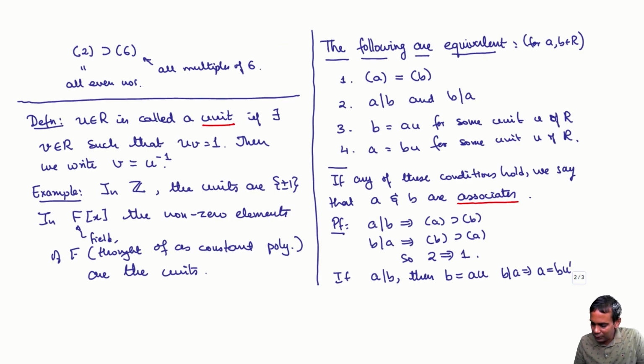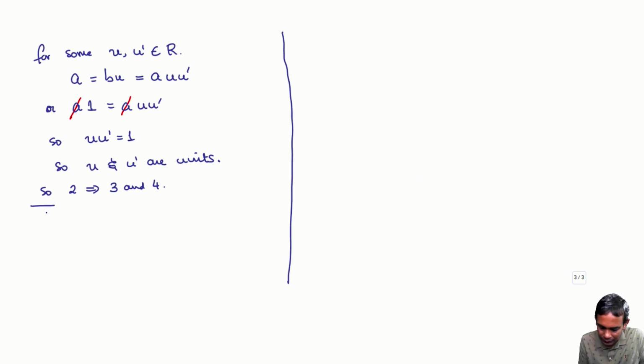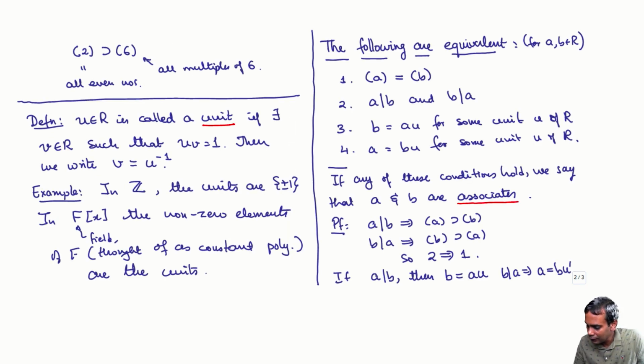And so it remains to show that either 3 or 4 implies 2. So let's say 3 implies 2. So we start off by looking at if B equals AU for some unit.